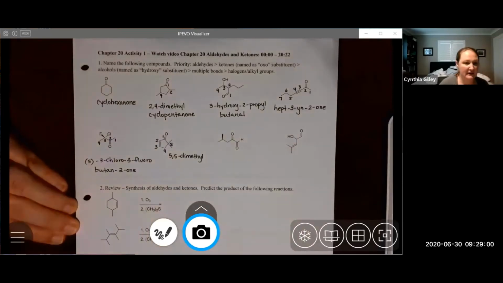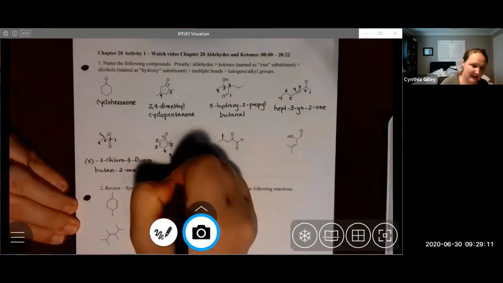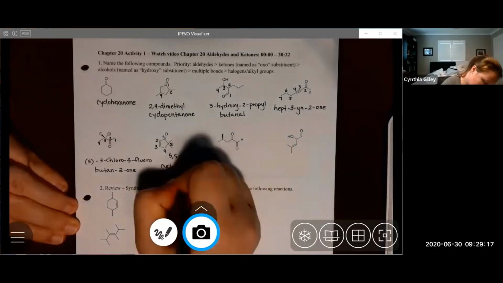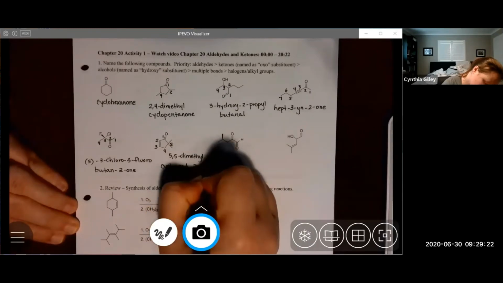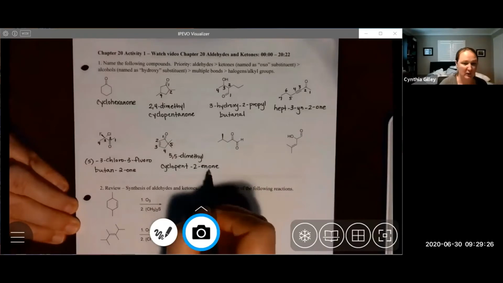And then now comes the parent, making sure to include the locant for the alkene. This is a cyclo. Normally, if it didn't have an alkene, it'd be a cyclopentane. Now it's a pentene, right? So cyclopent-2-ene. And you could put a 1 in there if you wanted, but it's not necessary.